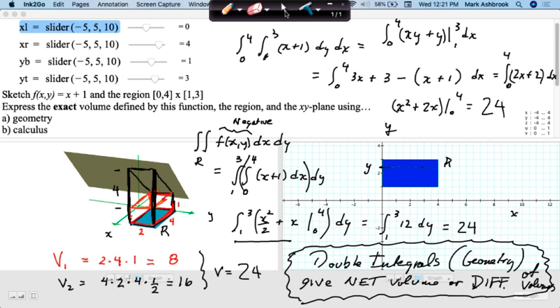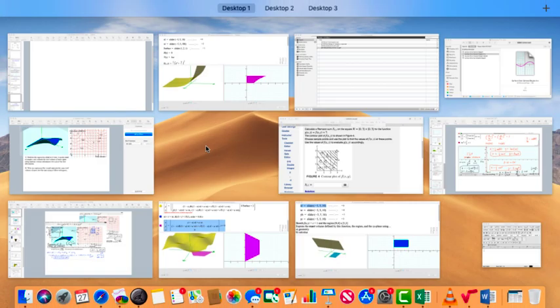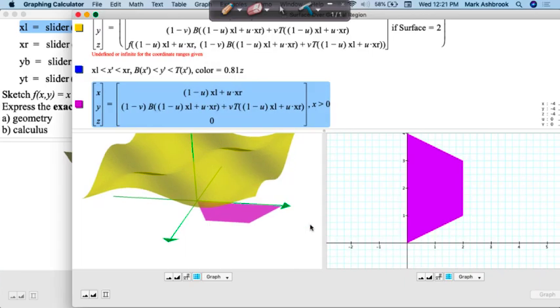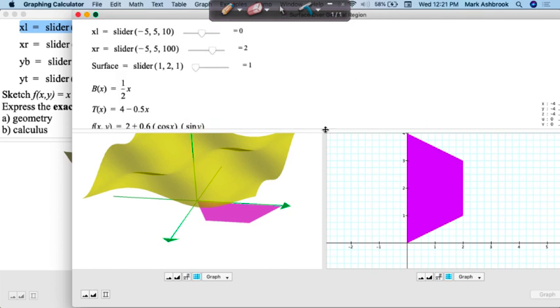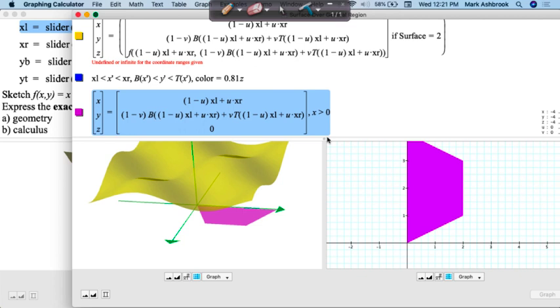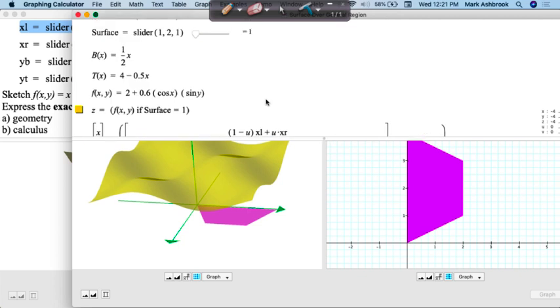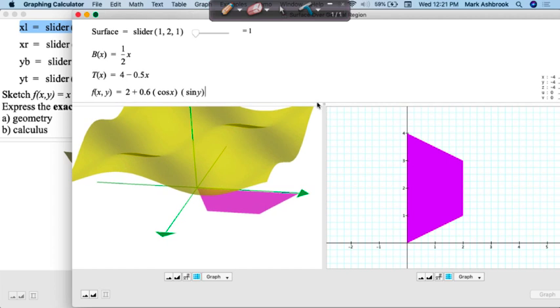All right, so let's look at something else here. Here's this surface.